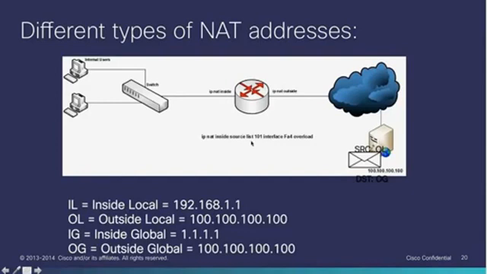Because of this NAT statement, which is ip nat inside source, which said when traffic hits the inside interface, change the source to FastEthernet 4's IP. In this case, FastEthernet 4's IP is 1.1.1.1. So the IP address of 192.168.1.1 got translated to 1.1.1.1, while the outside IP remains the same. I'm hoping this flow is clear to you. Again, I repeat it because, like I said, it's one of those basic crucial things that one needs to understand.